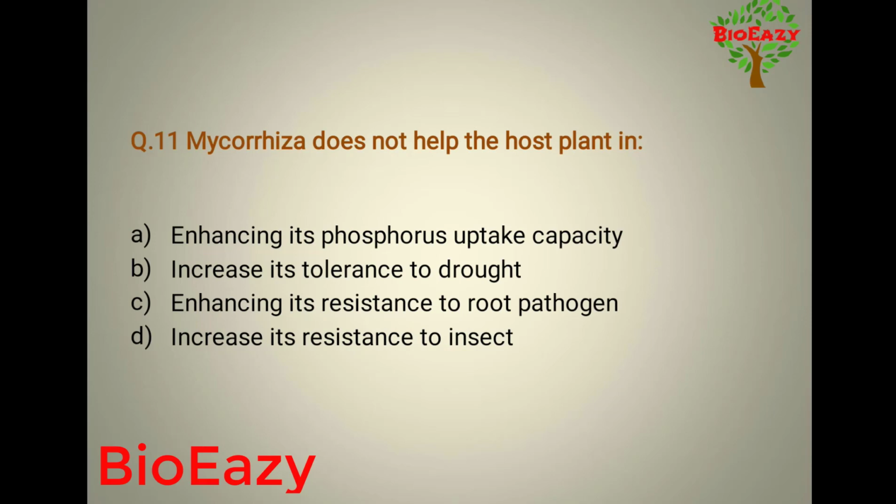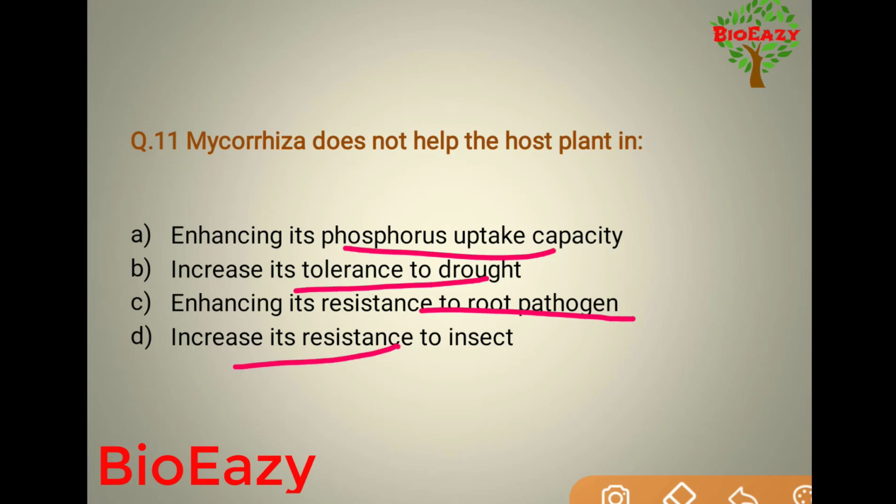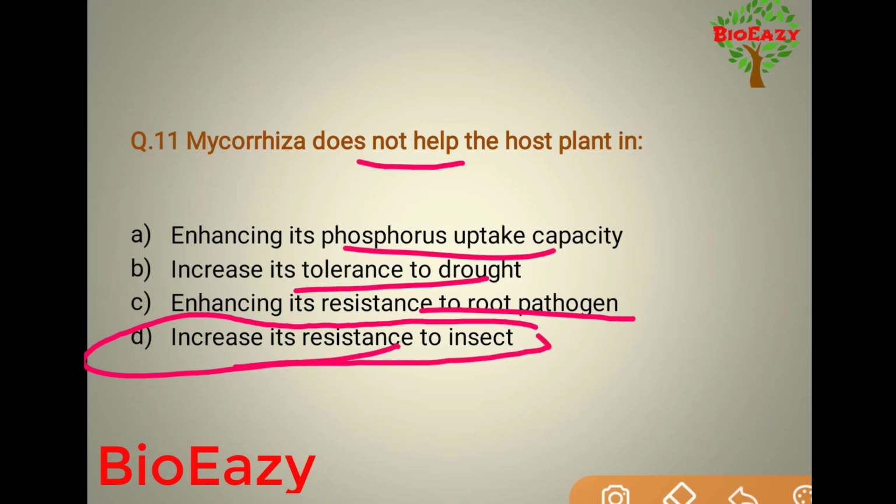Next is, mycorrhiza does not help the host plant in enhancing its phosphorus uptake capacity, increase its tolerance to drought, enhancing its resistance to root pathogen, increase its resistance to insect. Look, option D is the one that does not help.